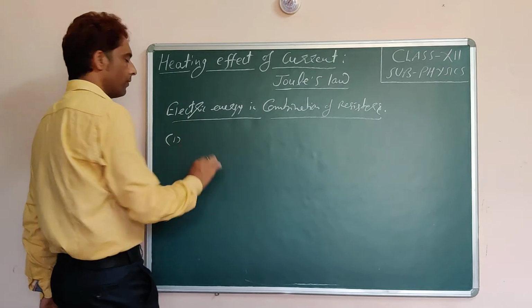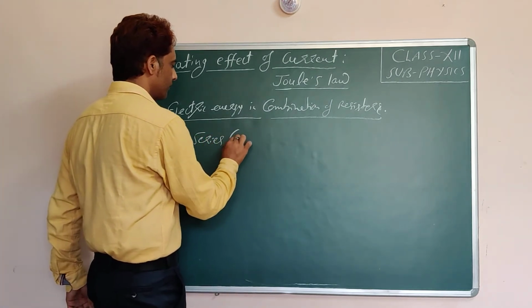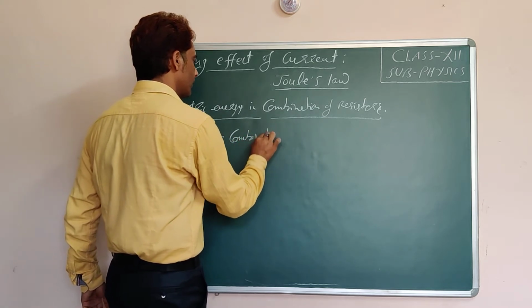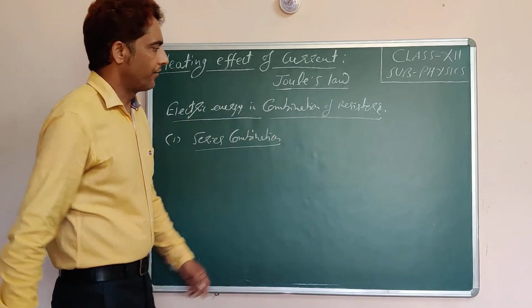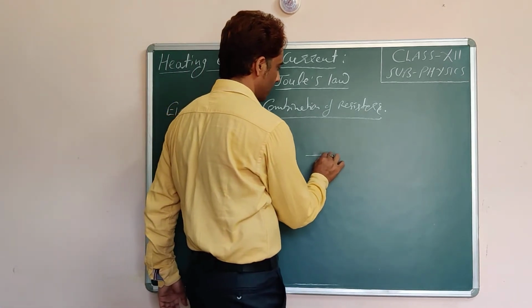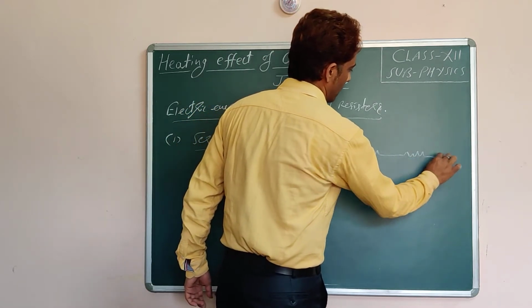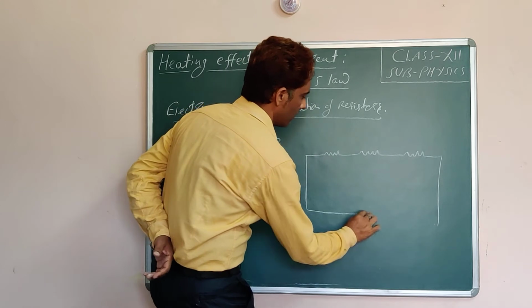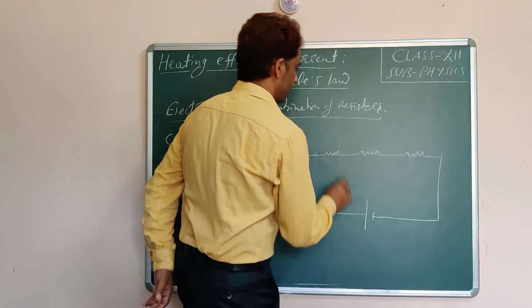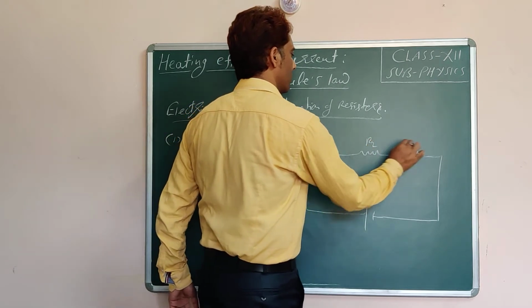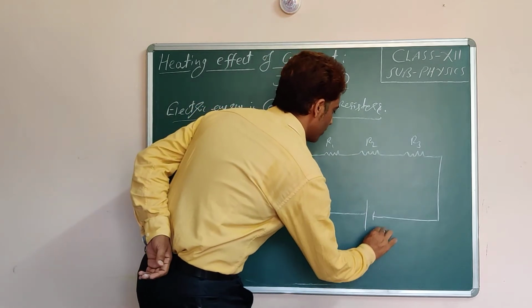First we see the series combination. So let us say we are having 3 resistors of resistance R1, R2, R3. Let V be the applied potential difference.